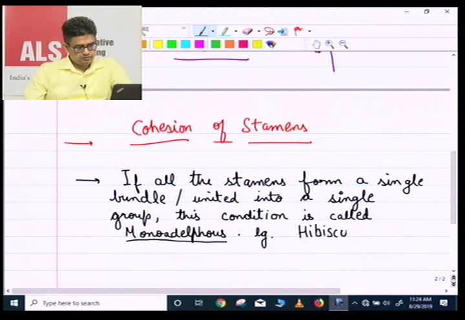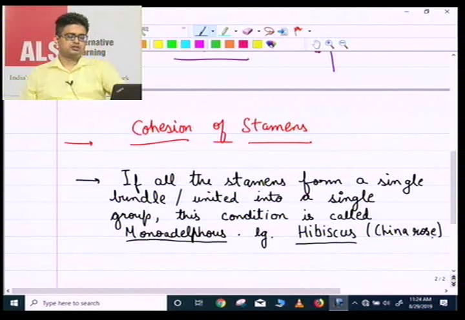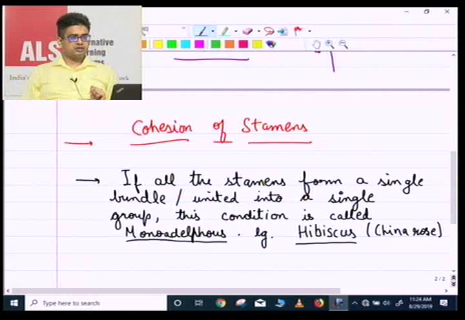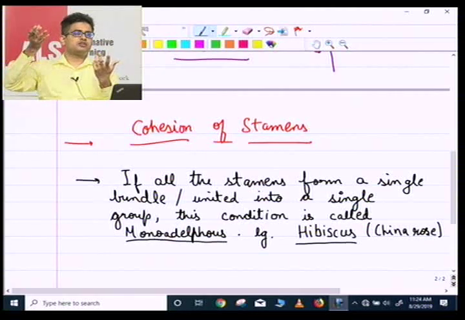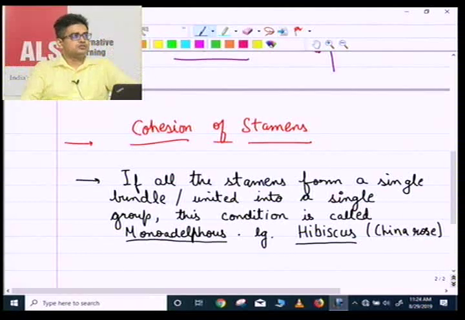Hibiscus, the botanical name is Hibiscus, common name is China rose, among many names. To see the monoadelphous condition, take a hibiscus flower and carefully remove the petals. The very obvious thing is a red colored tube-like structure in the middle.